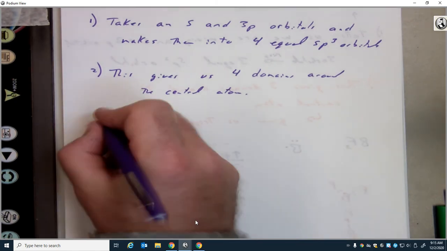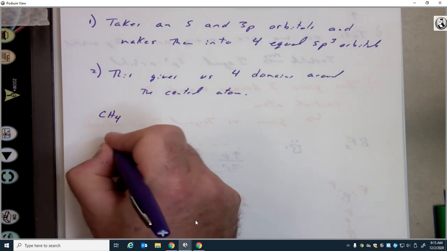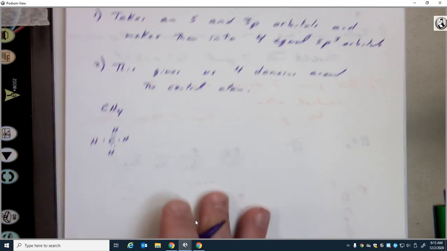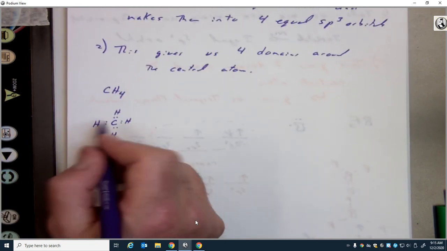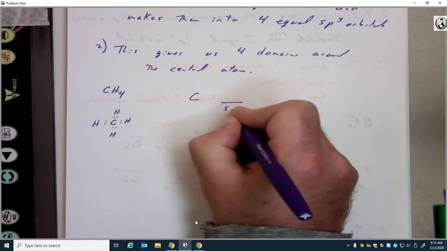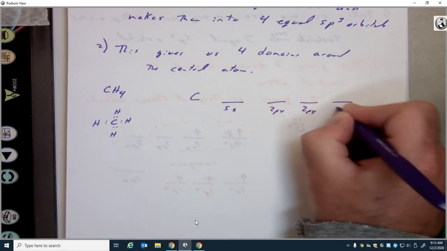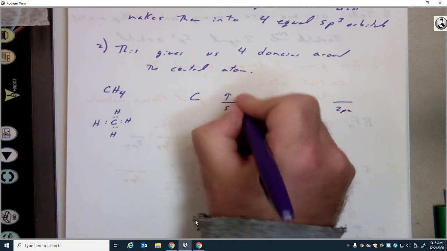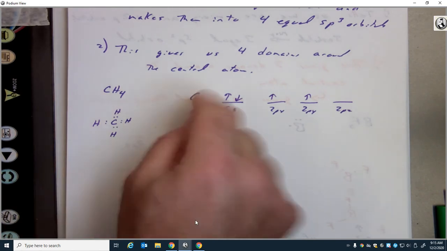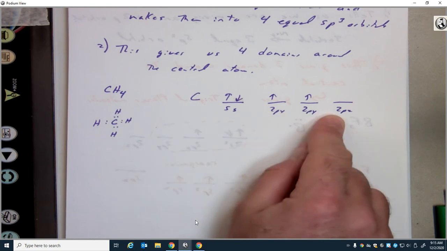And we're going to go right to CH4 again. Okay, so we know that CH4 does this. Again, the question is why carbon does this. Well, carbon has 2s, 2px, 2py, 2pz, and we've got an up-down and an up-up. Now, this is when it bonds and is a central atom. If it's by itself, this is what we see.